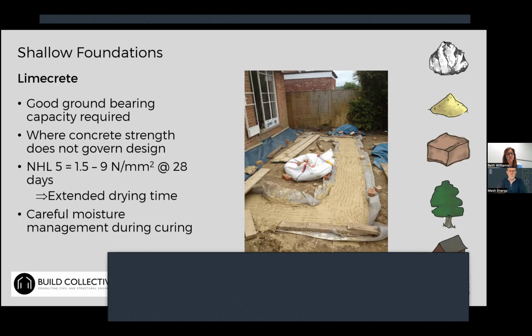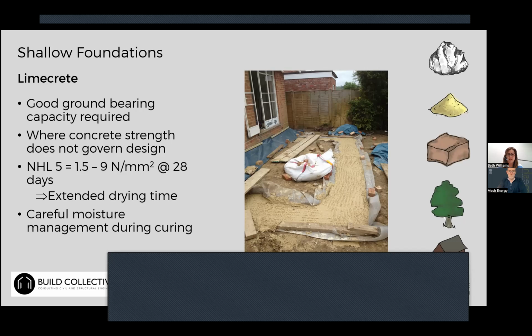On that example, the NHL 5 mix is supposed to be 5 newtons per millimeter squared compressive strength at 28 days, but they've shown that in reality it can vary anywhere from 1.5 to 9. A generic mix for a concrete foundation is usually around 15 to 20.